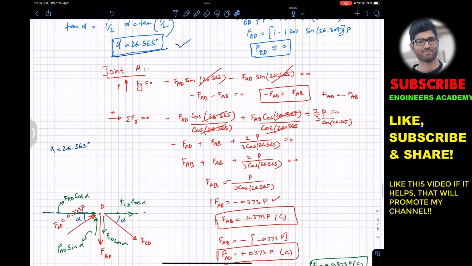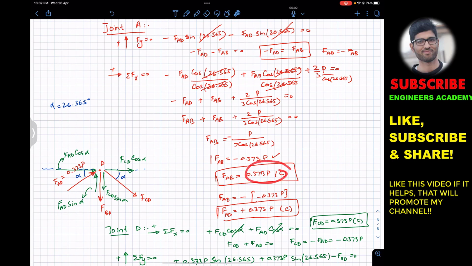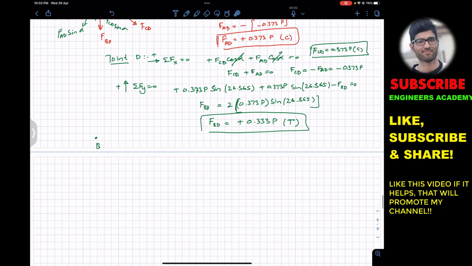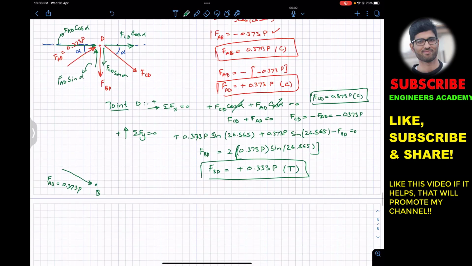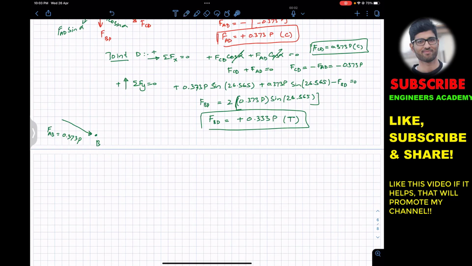AB is in compression and its value is 0.373P. If it is in compression, it must be acting towards joint B. So this is FAB, value is 0.373P, and then at joint B we will have FBD. The BD member is in tension, so it must be acting away from joint B in the vertical direction like this. So this is FBD, its magnitude is 0.333P.